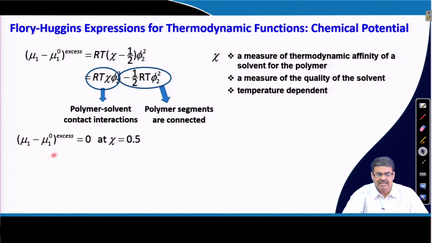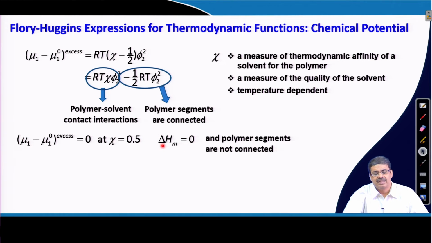For example, if chi is 0.5 or half, then this excess term becomes 0, which means the solvent is behaving like an ideal solvent and the polymer solvent mixture is behaving like an ideal mixture, which means the enthalpy of mixing is 0 and the polymer segments behave as if they are not connected.